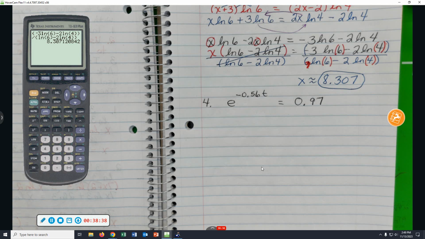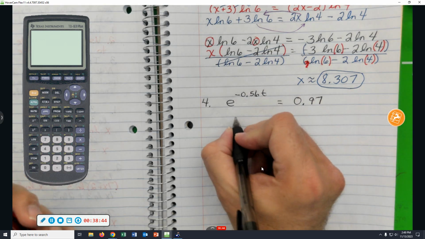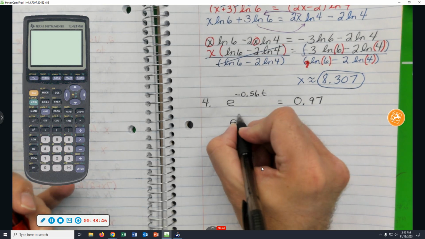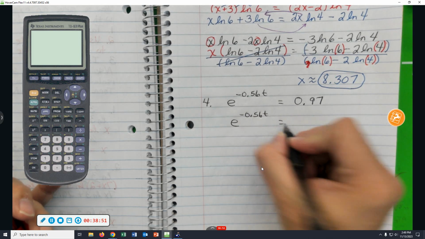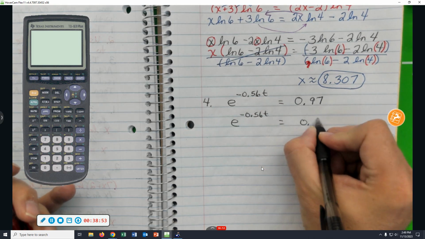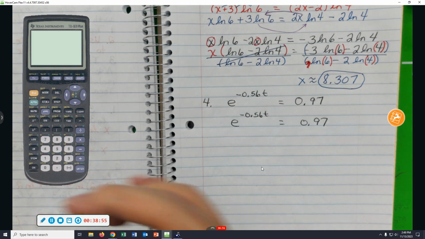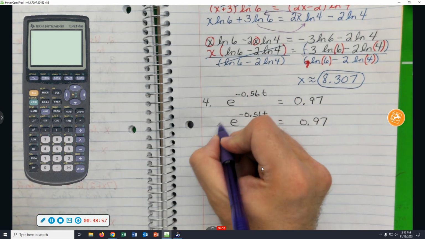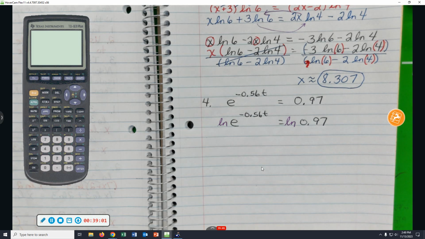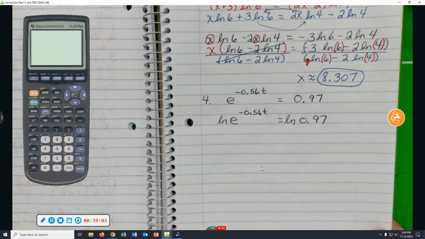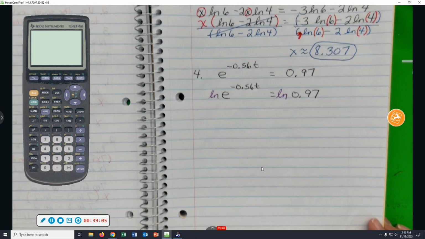We'll use that same strategy, taking ln and putting it in front of each side. Let me rewrite this problem and stick ln in front of each side. I'm going to move this on up and cover up all that messy number 3.